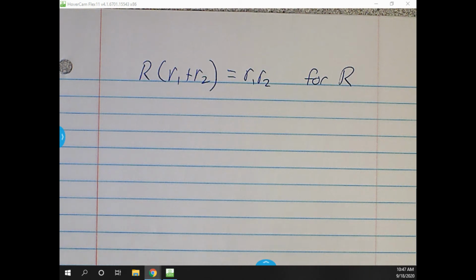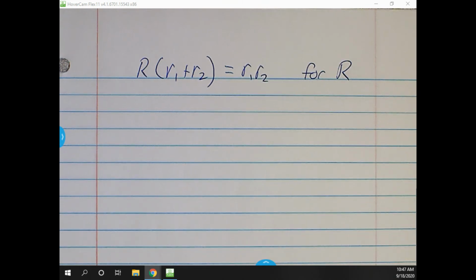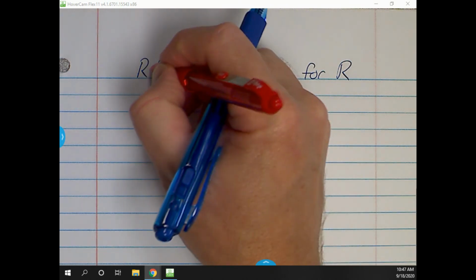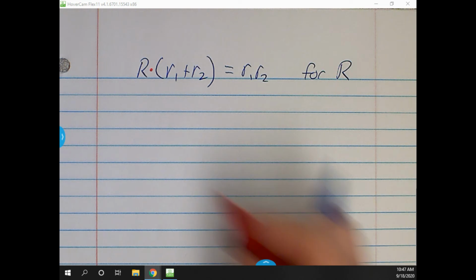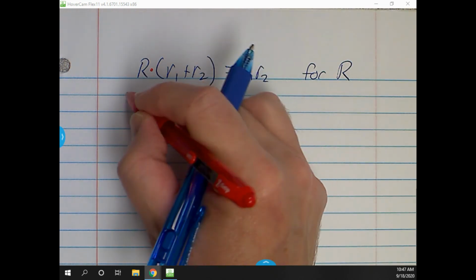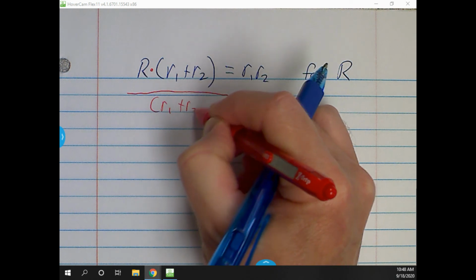Okay, and again, here's the question you want to look at in your head. What are we doing to R? If you read this out, what's the math in this? It's R times R1 plus R2, right? If you look at just the math part of it, it's R times that. So if it's R times, to fix it, we need to divide by whatever we're multiplying by.